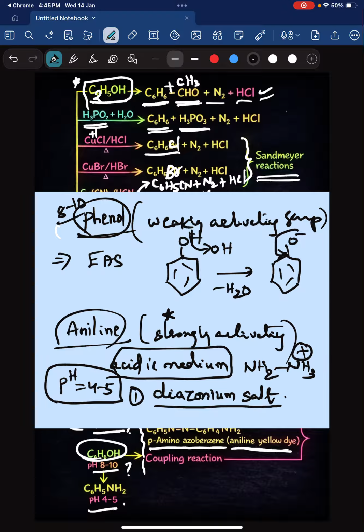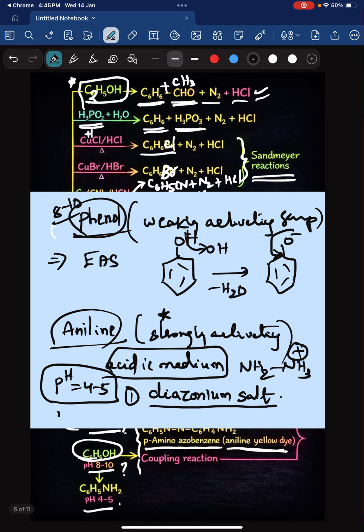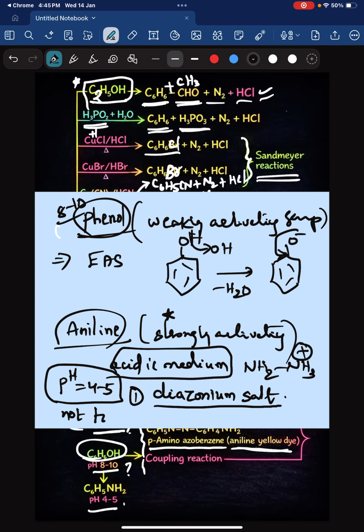So to keep the diazonium salt stable, the pH value should be mild acidic, and also not too acidic, so as not to protonate NH2 completely.